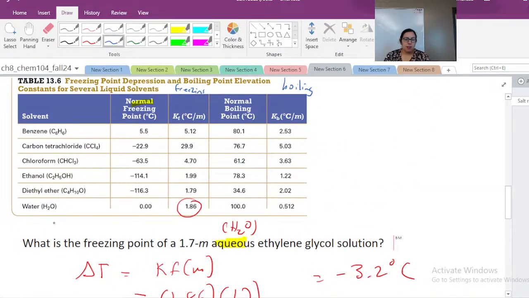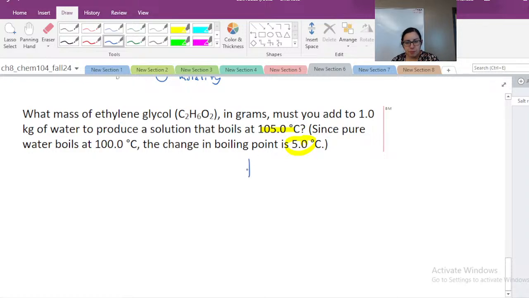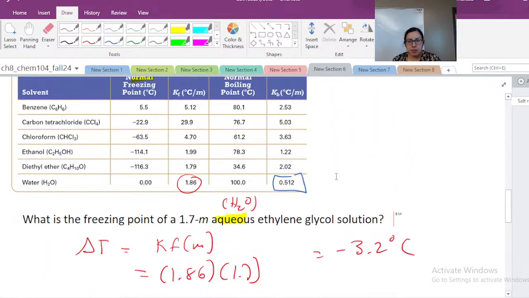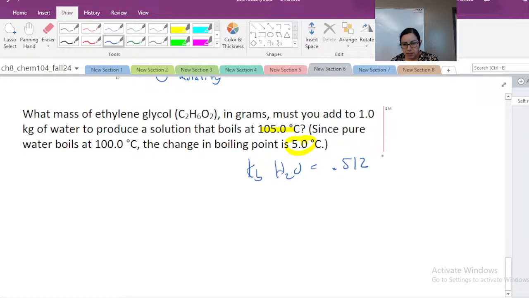So then we can look at our water, and you need your KB constant, so 0.512. So KB H2O. And again, the unit on those is degrees Celsius per molality. Sorry, let me rewrite that. So see if you can figure this problem out now.